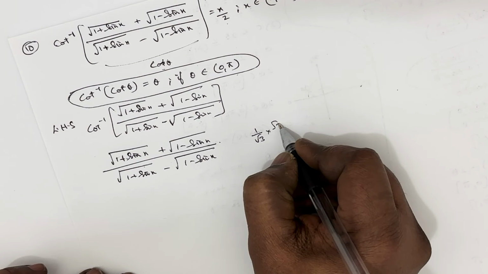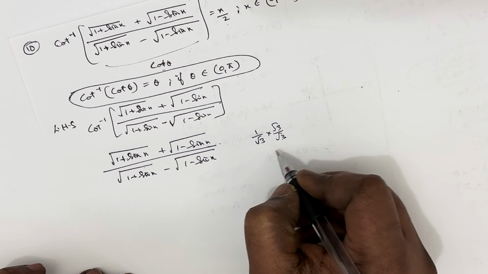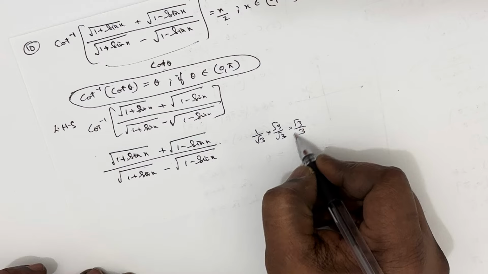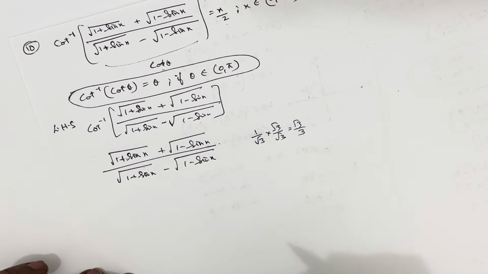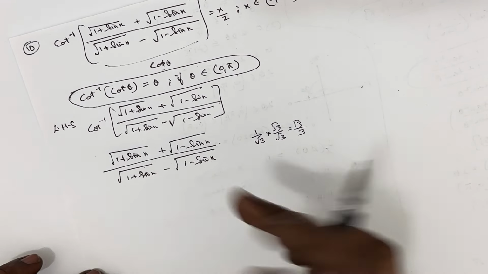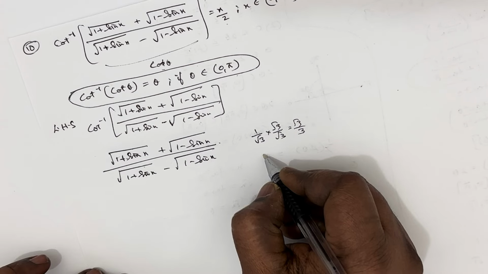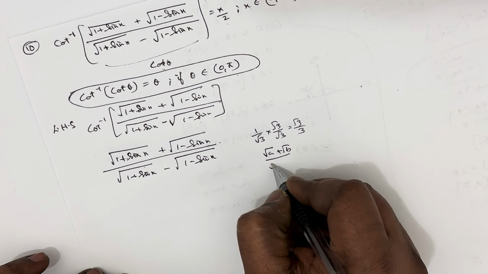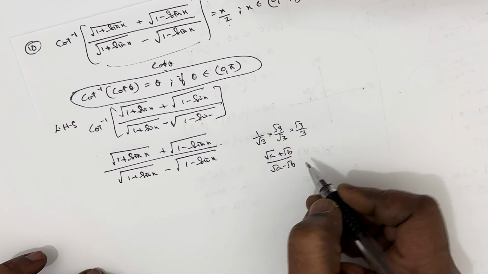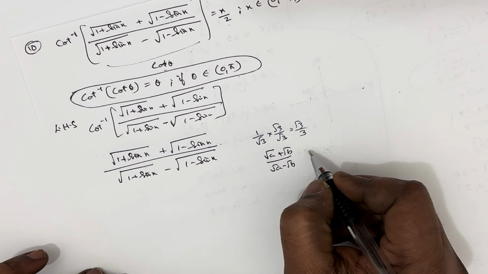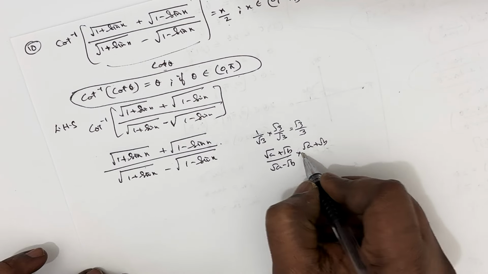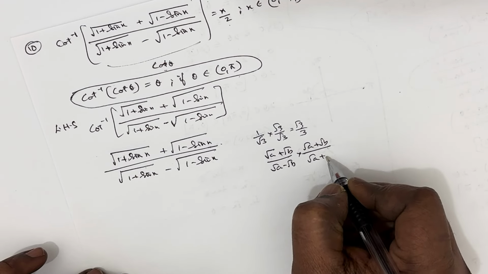We multiply it with root 3 upon root 3, so we'll get root 3 by 3. So the radical is removed from the denominator. Again, one more example: root a plus root b by root a minus root b. To remove this, you multiply it with its conjugate, root a plus root b divided by root a plus root b.